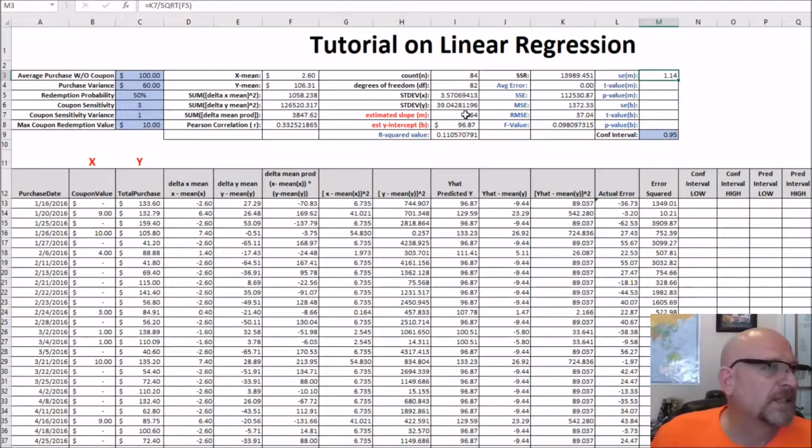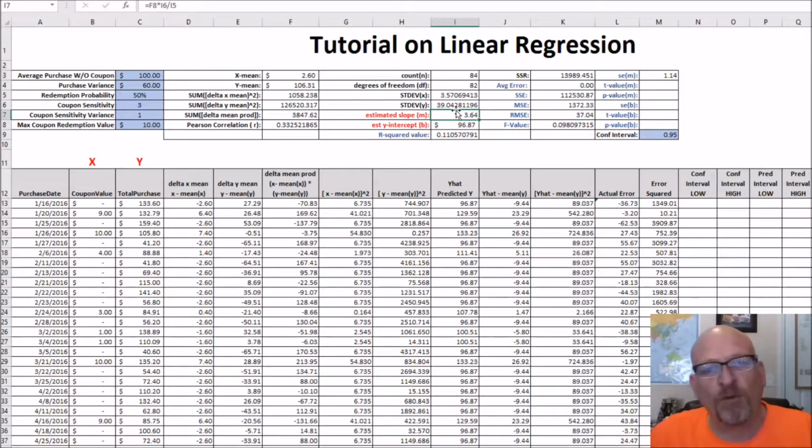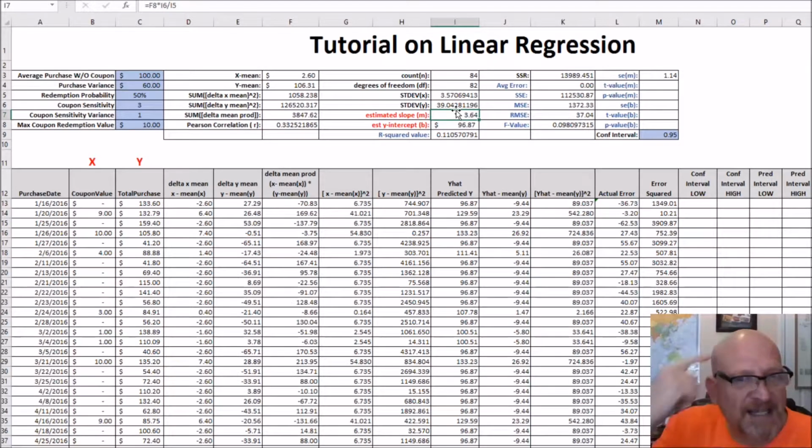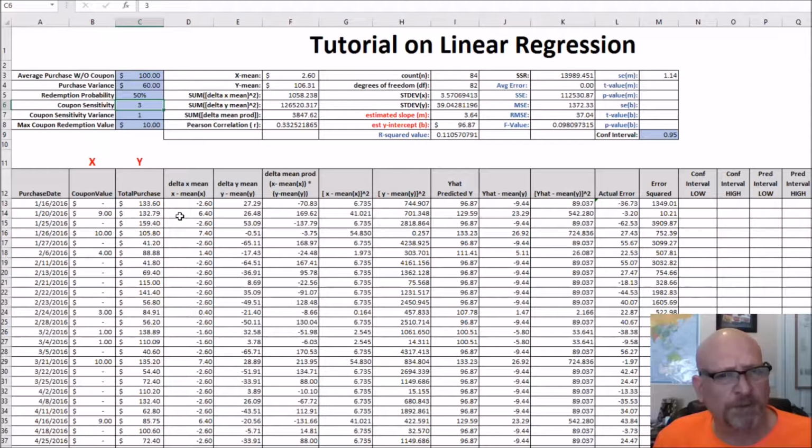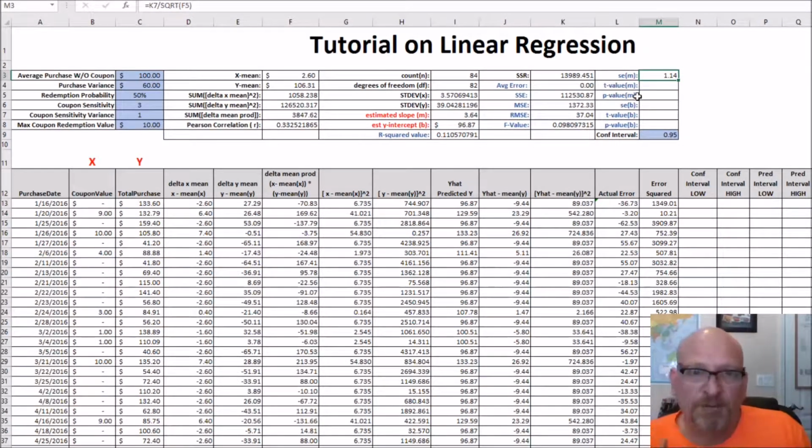So this means 3.64 plus or minus 1.14. In reality, inside this guy's head, the sensitivity, the slope, should be 3. But based on his behavior, which is all this data down here, we estimated it was 3.64 plus or minus 1.14, which puts us right in the range. 3 is definitely in the range of 3.64 plus or minus 1.14.